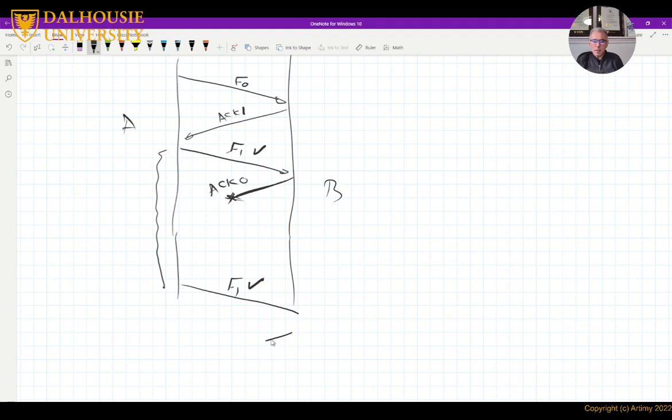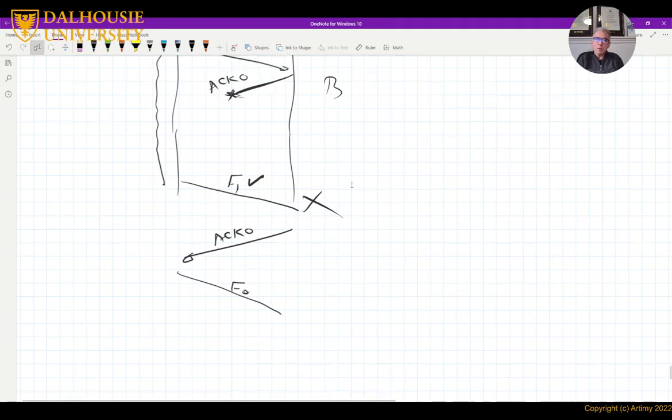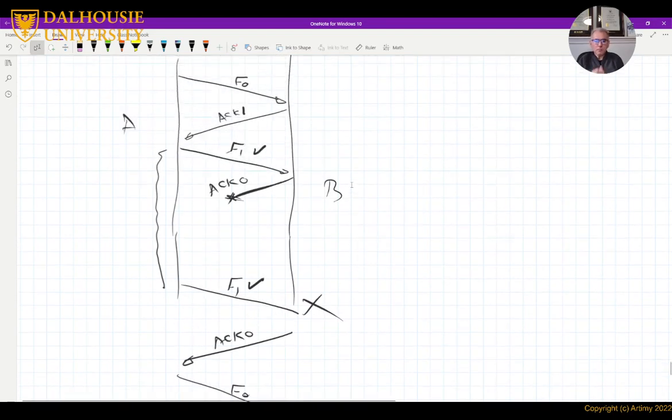So in this case, it will send AC0 again, saying, well, I'm waiting for 0, and will simply discard this. And then A will continue sending frame 0 as normal, right? So this is a way to handle the situation where the acknowledgement is lost. Right.